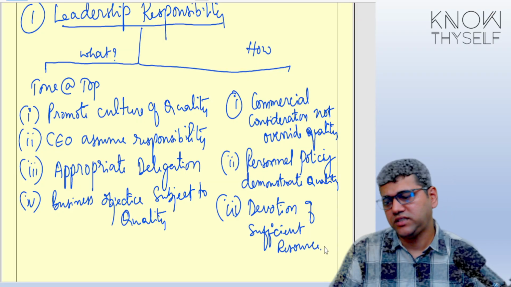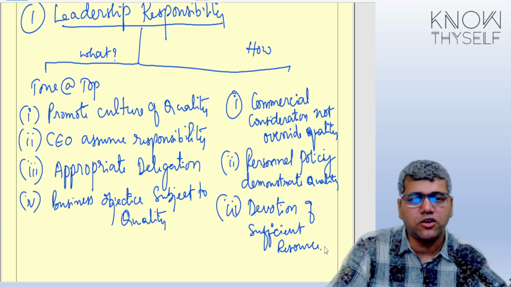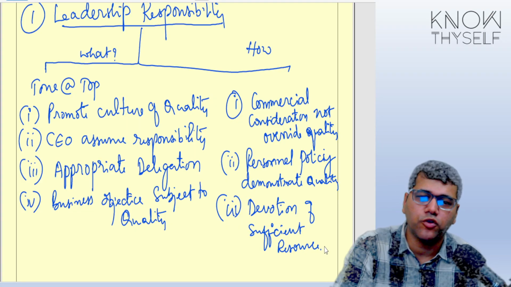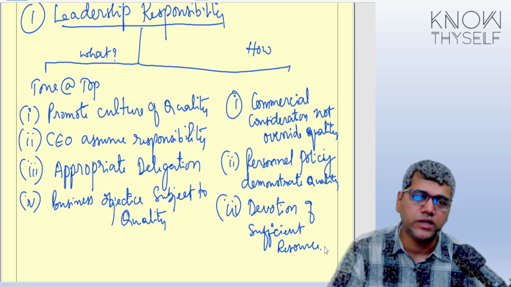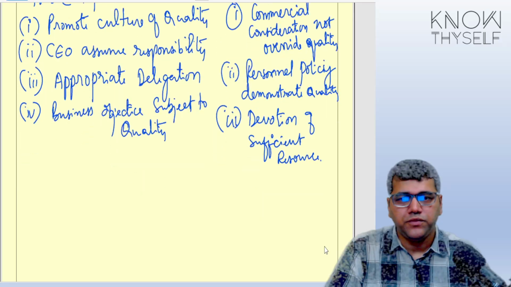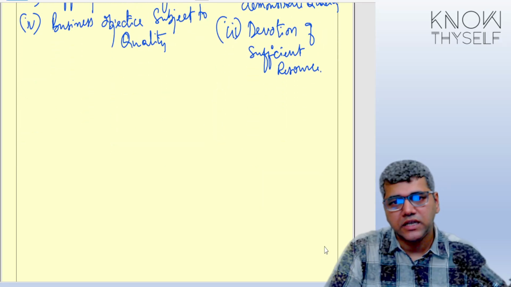That's it, finish, done. This is all about your leadership responsibility. These are the 4 points you need to remember from what do you mean by tone at the top and how that is achieved. Now, with this, you are done with the leadership responsibility.